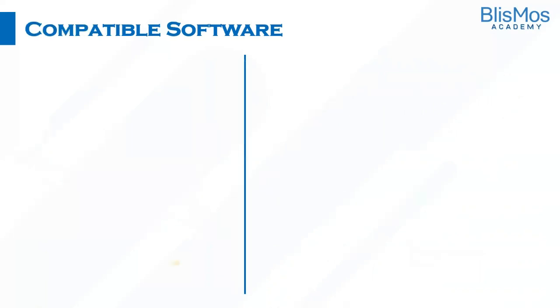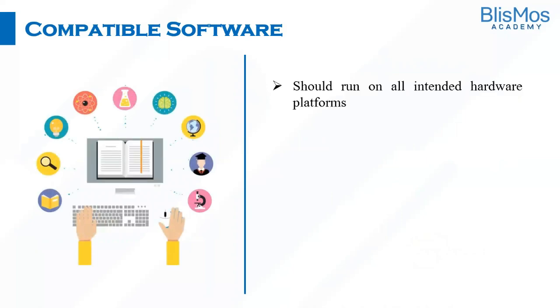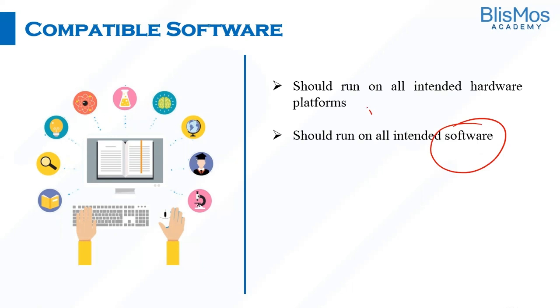What is compatible software? When you are developing a software, you do indicate which hardware platforms and which operating systems this software is compatible with. Whatever the company is claiming, all that compatibility should be there with the hardware platforms and also with the software. For example, you say this should work in i5. Yes, it should work in i5.